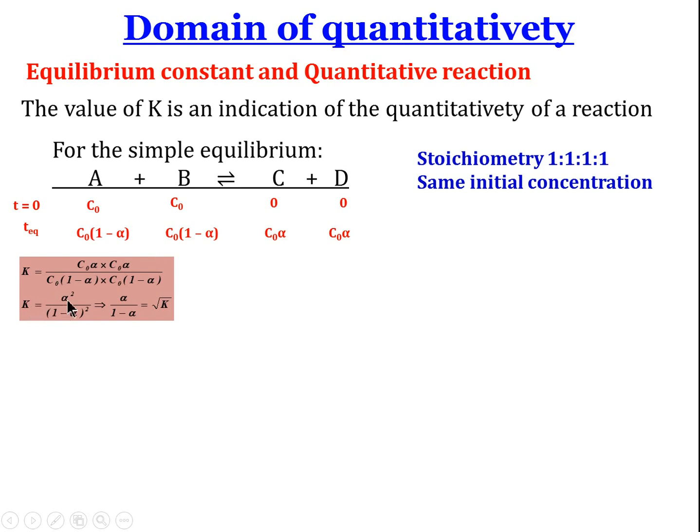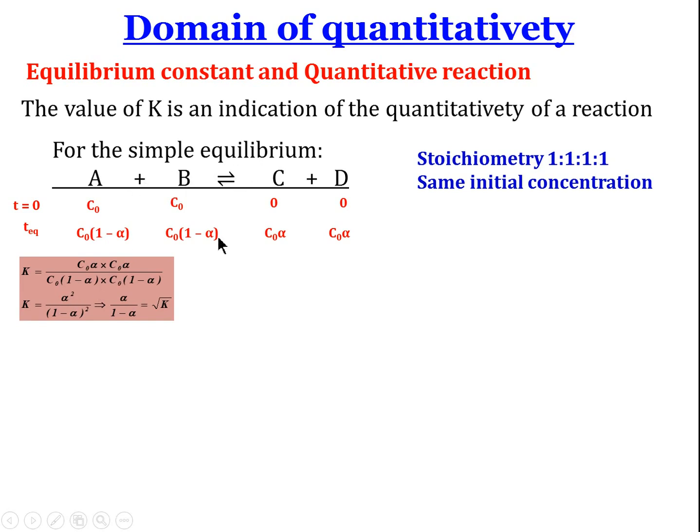So K equals alpha squared divided by (1 minus alpha) squared. Alpha divided by (1 minus alpha) equals radical K. Consider this relation. So K is related to alpha. As alpha increases, the value of K increases. So the reaction is more and more advanced.